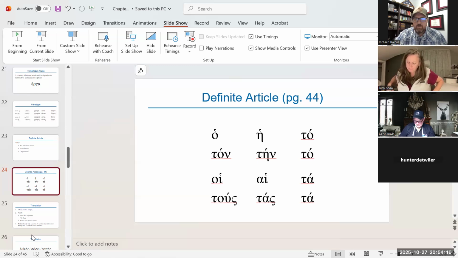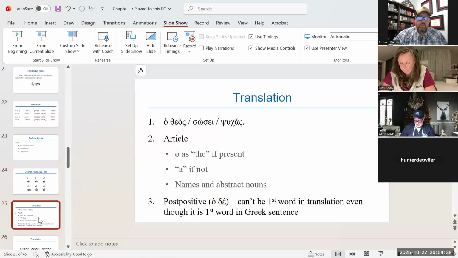All of these words that you're seeing, all 12 of these, are the word the in the nominative singular, the accusative singular, the nominative plural, and the accusative plural case. So let's do some translation.